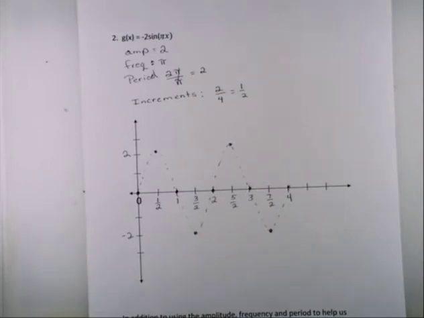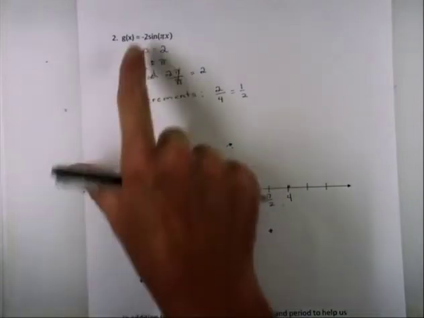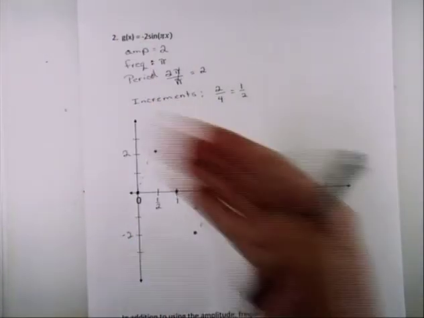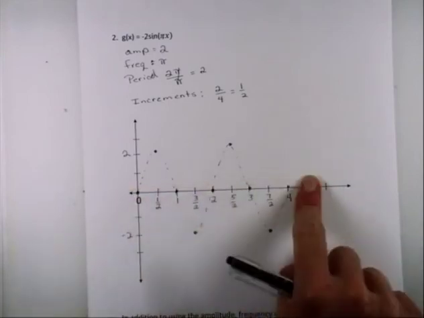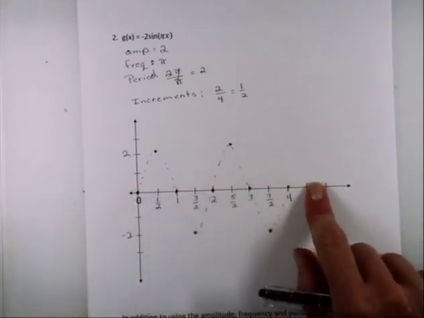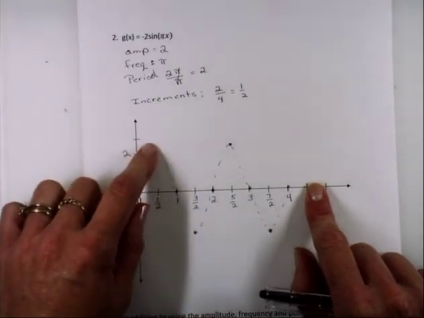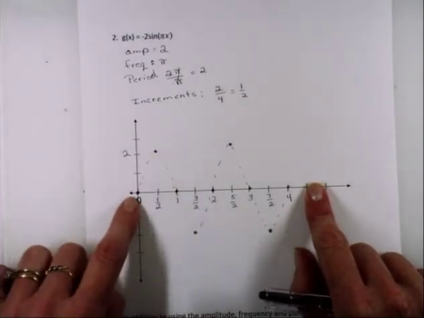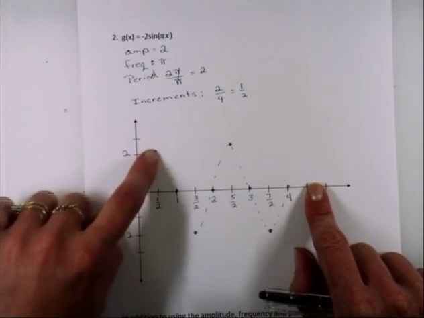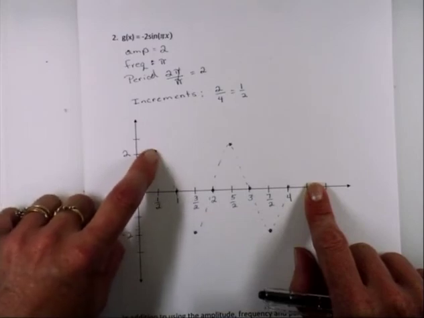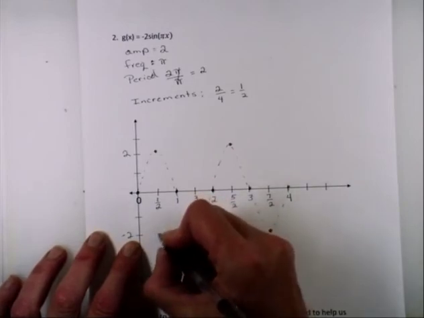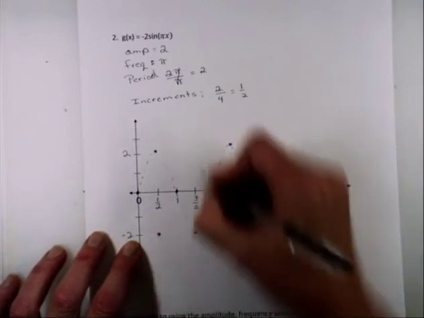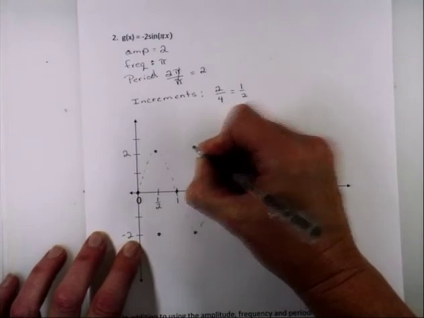All right, the negative, if you'll remember from your previous classes, the negative in front is going to reflect this function across the x-axis. It's going to flip it over x. So all that's going to happen when you do this is you're going to reverse your max and min points. In the parent function for sine, you go to the maximum first. When it's negative, you're going to go down to the minimum. So this time I'm going to switch those maximum and minimums, and then I will draw my final function.